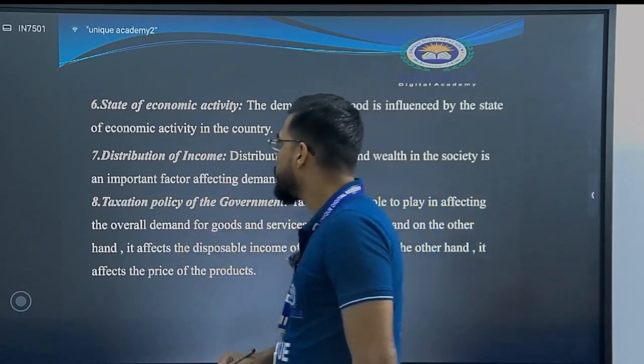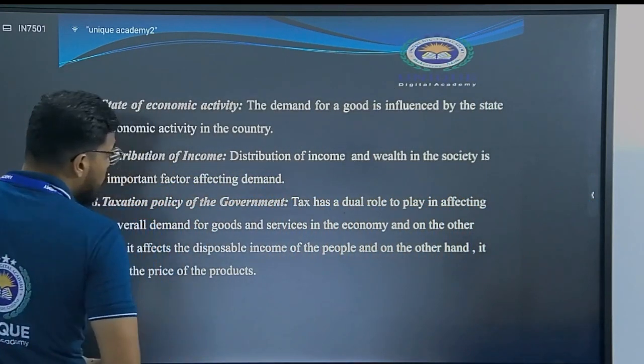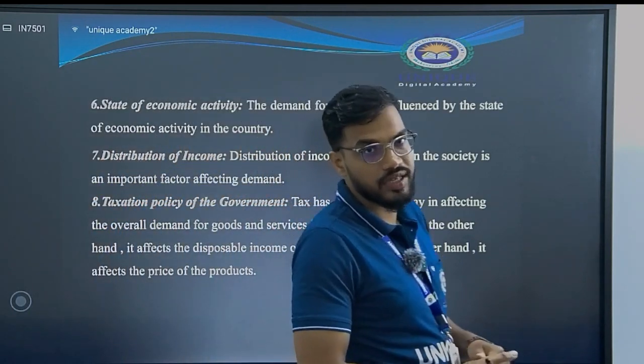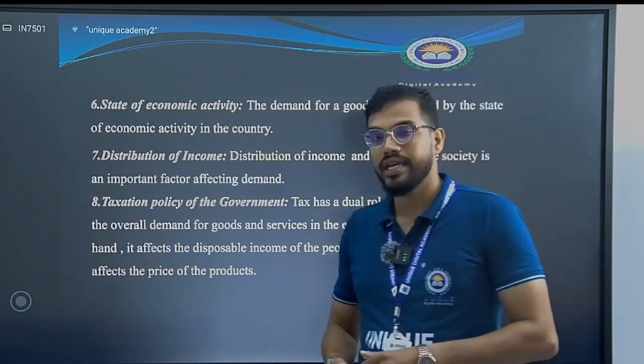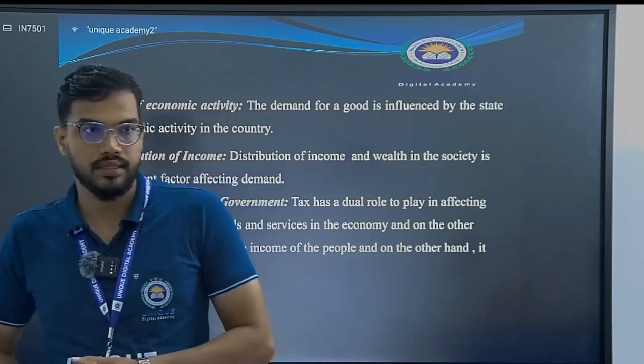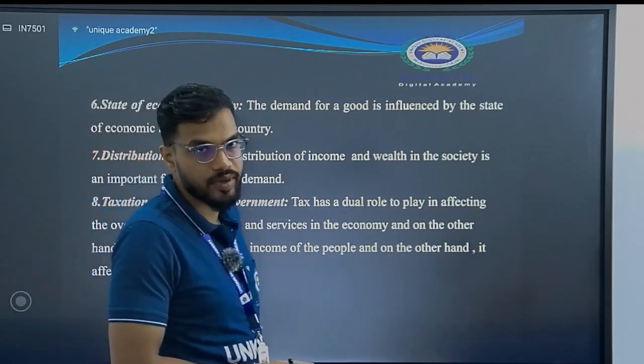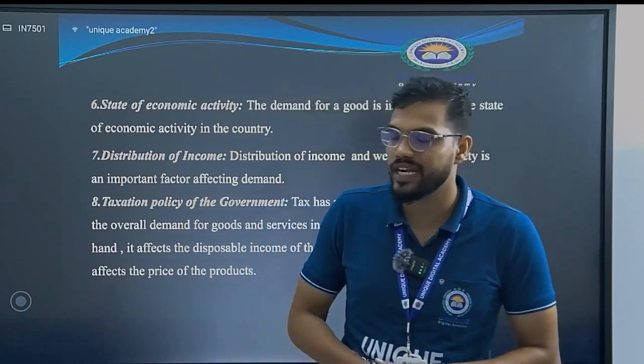Then state of economic activities, for example, inflation, deflation, recession, depression, that also affects the demand for a product. Inflation, sudden rise in the price of a product over a long period of time.